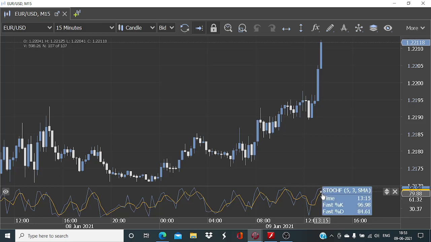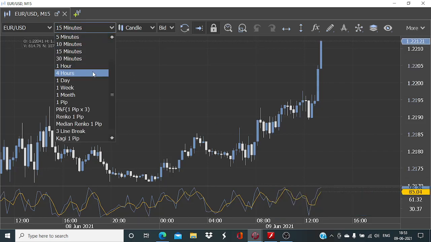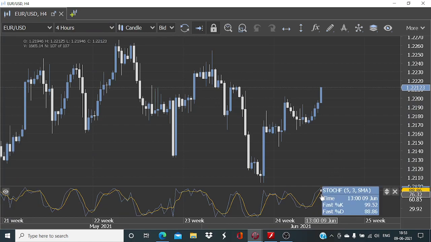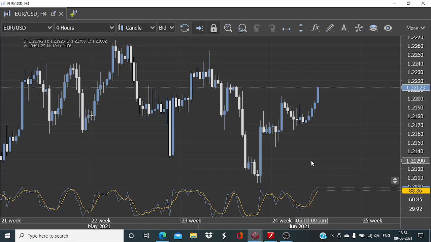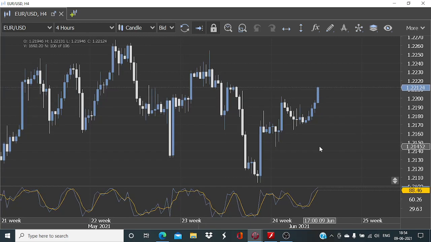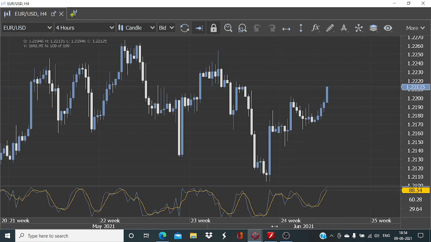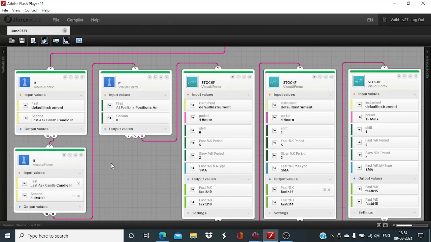We want this fast percent k value to be above 70 for the last 15 minutes, and we have also defined the output on the 4 hourly time frame. Here in this case, the fast percent k output should have been above 80 for the last 4 hourly candle, and that's what the condition should be before we go on to place the trade order.